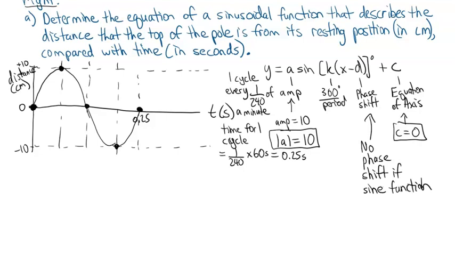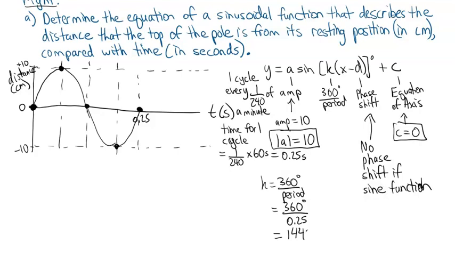So the next thing I'm going to do here is recognize what the k value is. And we said that the k value is equal to 360 over the period. Well, the period is 0.25. It's a very small period. So if you divide 360 by 0.25, you're really multiplying it by 4.